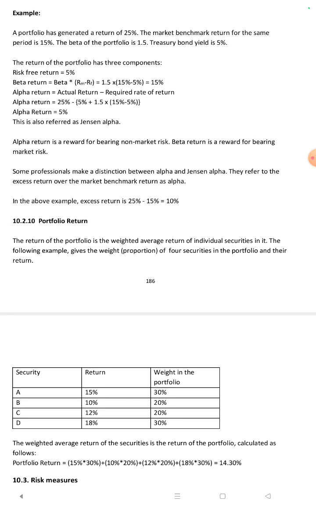The market benchmark return for the same period is 15%. The beta of the portfolio is 1.5. Treasury bond yield is 5%. The return of the portfolio has the components: risk-free return 5%, beta return, and alpha return, which is actual return minus required rate of return.